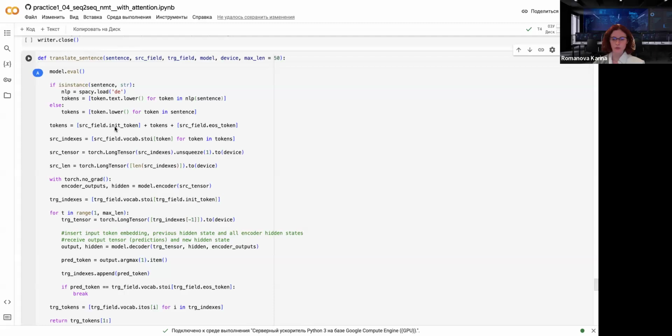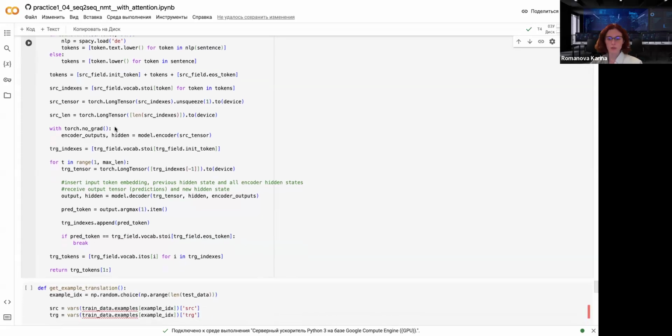Then we have the decoding loop. The decoding process begins with the SOS token and generates words one by one using the decoder. At each step, the decoder outputs the most likely next word, which is then fed back as the input for the next decoding step. And also we have stopping criteria.